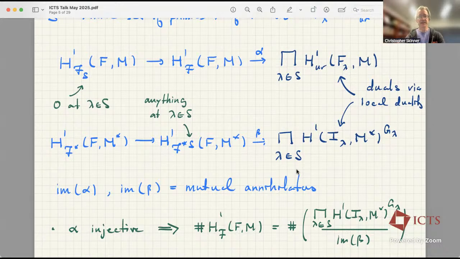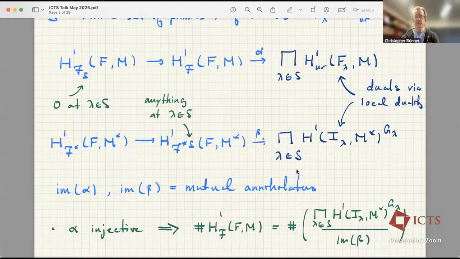And very ideally, if the collection of S could have been chosen so that alpha was an injective map, so that we would use the local classes to capture all the global classes of interest, then the size of the Selmer group of interest, the Selmer group of M, given our local conditions F, can be expressed as the index of the image of the relaxed Selmer group for the dual. And by relaxed, I mean that at the classes in S, we allow anything to go.